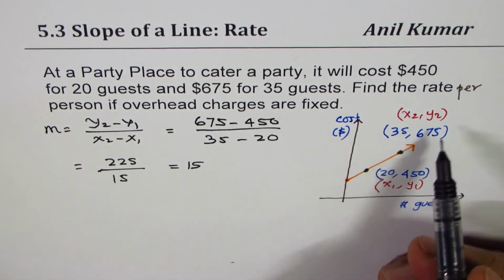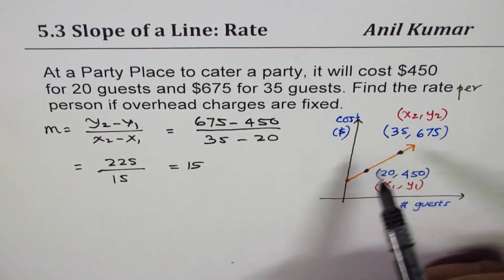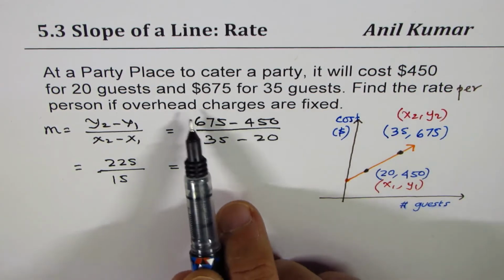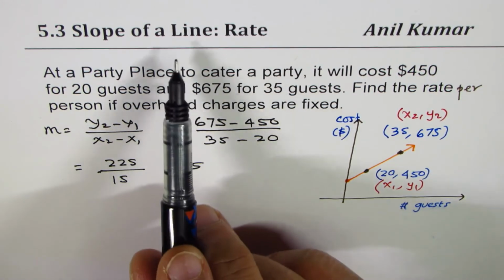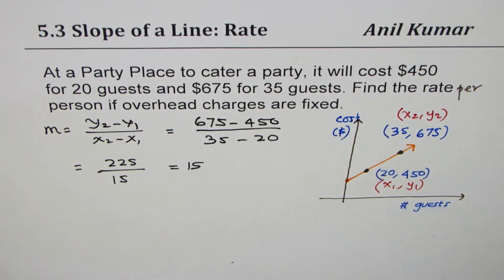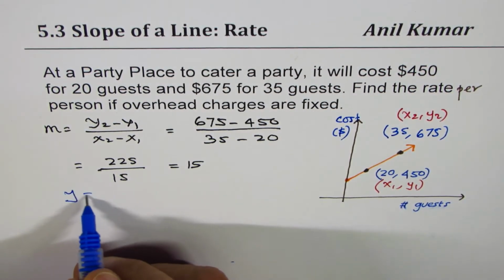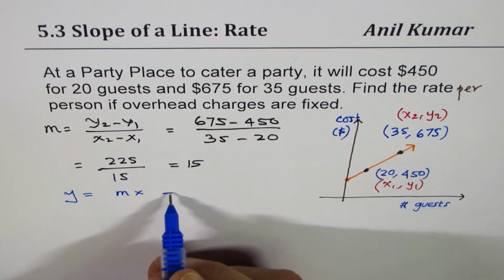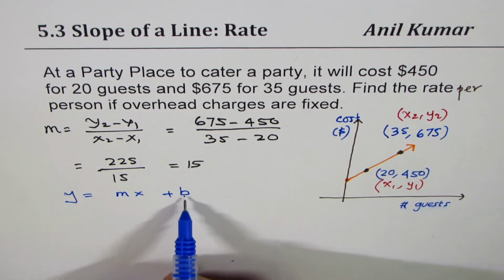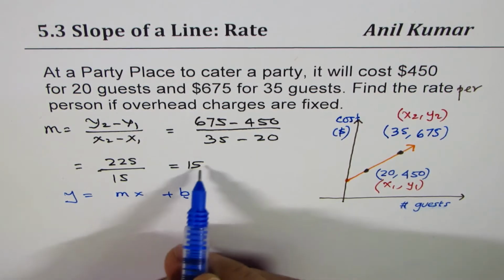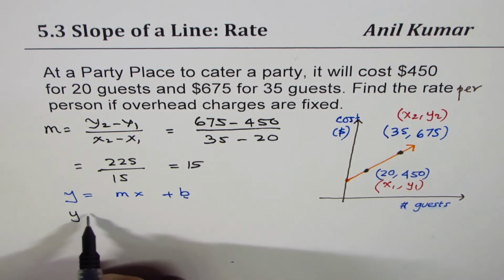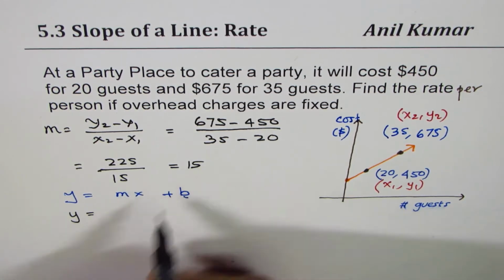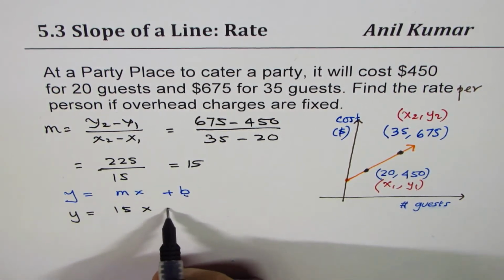15 becomes the rate at which each person's cost is added on to a fixed cost. When we talk about the equation of a line in slope-intercept form, we're looking at y equals mx plus b. Here b is the fixed cost and m is the slope. So we can write y equals 15x plus b.